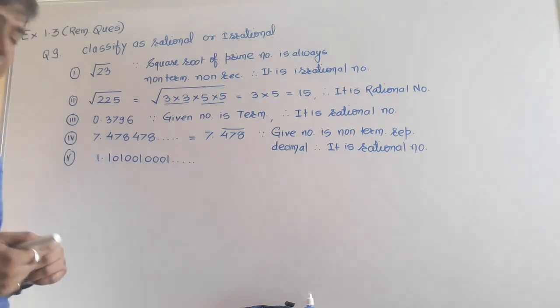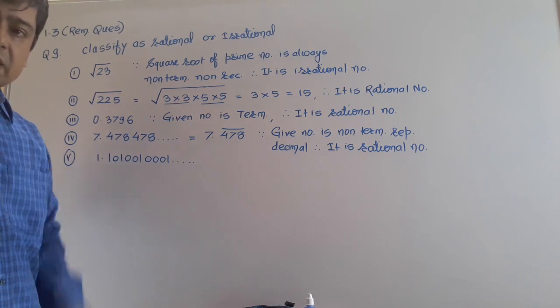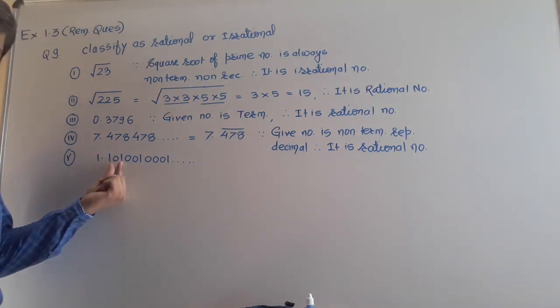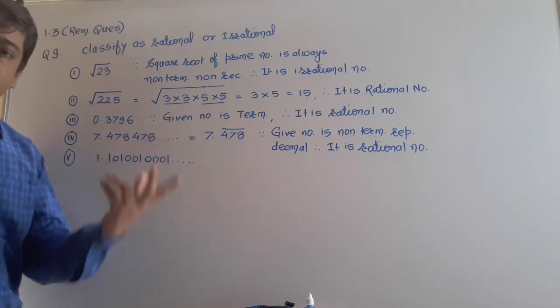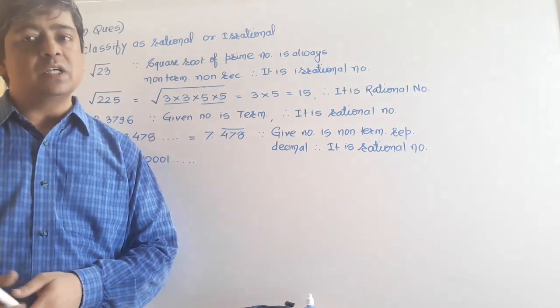For example, in the previous one the pattern 478 was repeating again and again. Here 01 is coming, then 001 is coming, then again the 0 is increasing. So a pattern is coming, but that pattern is changing each and every time.